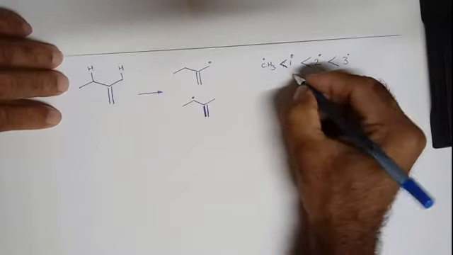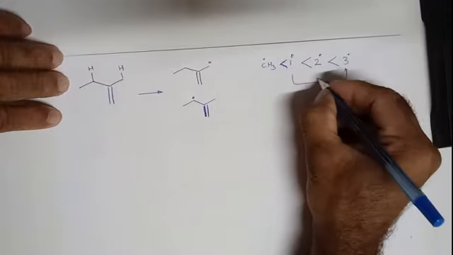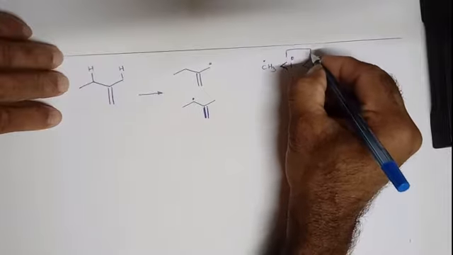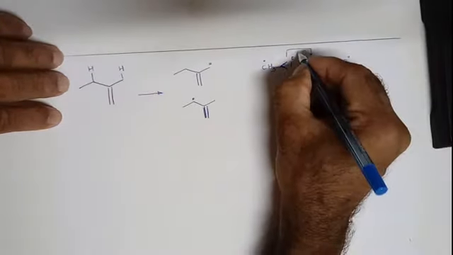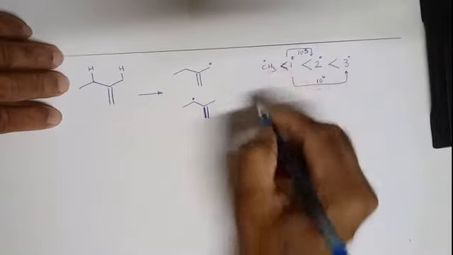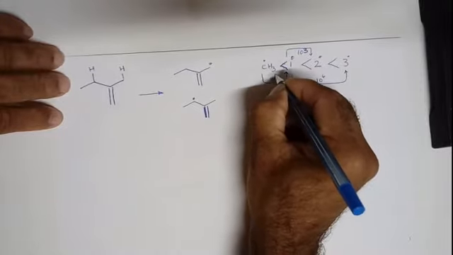Put numbers: I usually like to say primary to tertiary is like a 10 to the 6 times advantage. Primary to secondary, we remember the reactivity factor and selectivity factor, is a 10 to the 3 advantage. And methyl to primary is about 100, a 10 to the 2 advantage.